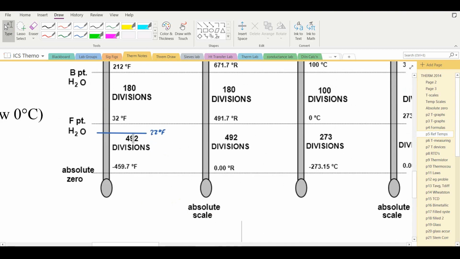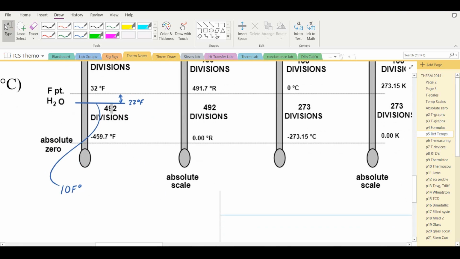So the difference between 22 and 32 is 10 Fahrenheit degrees temperature difference. Let's convert that to a temperature difference in Celsius. We multiply by a ratio of 1 Celsius degree for every 1.8 Fahrenheit degrees, and that's equal to 5.6.